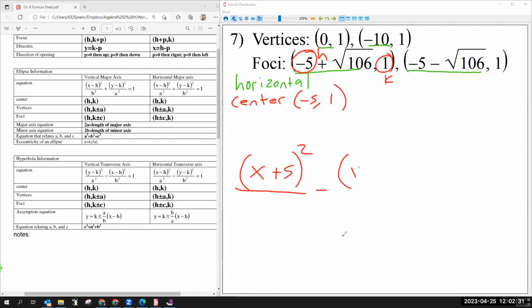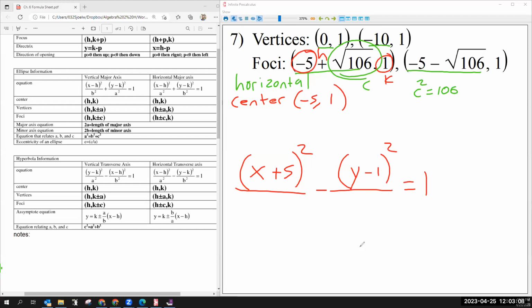Minus, and Y. All right, that square root of 106, what does that tell me? Yeah, but what is 106? C, so that's not C. So that's C, so yes, I know C squared is 106.